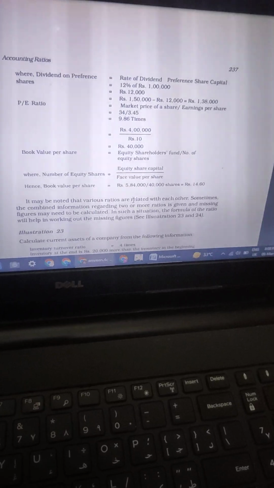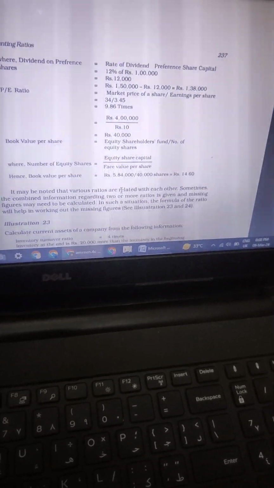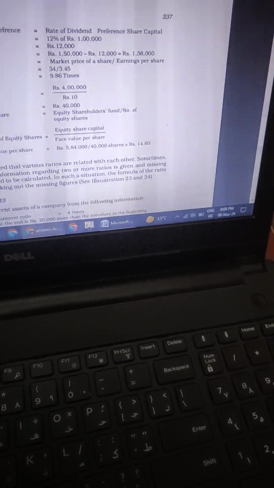Then book value per share, that is equity shareholders funds divided by number of equity shares. We can calculate the equity shareholders funds by deducting the preference share capital from the shareholders funds.